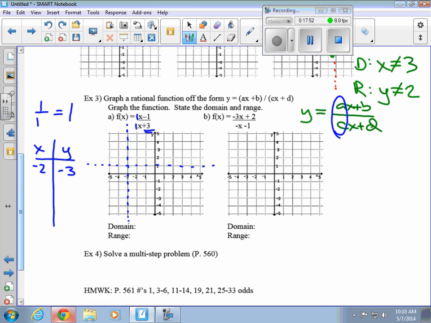If I put in negative 2, I get negative 3. What if I put in negative 1? Negative 1 minus 1 is negative 2, and negative 1 plus 3 is 2. So what's negative 2 divided by 2? Negative 1. So that's going to be negative 1, negative 1. So my graph will look like that.